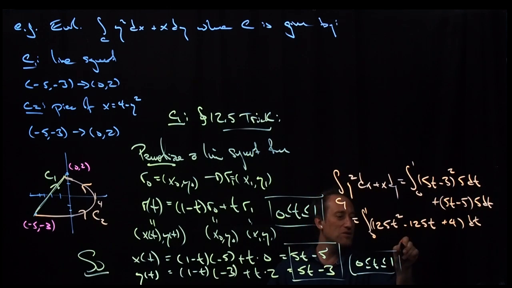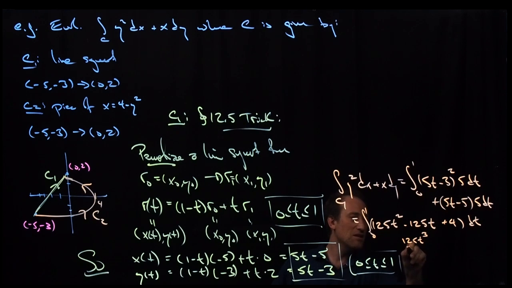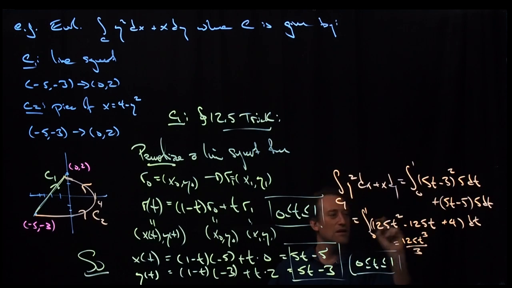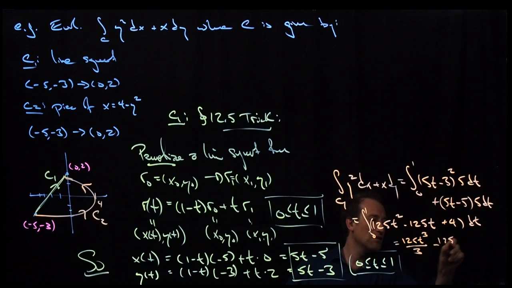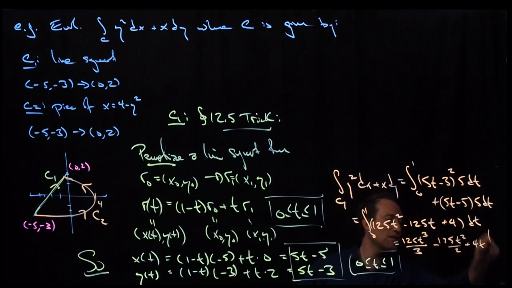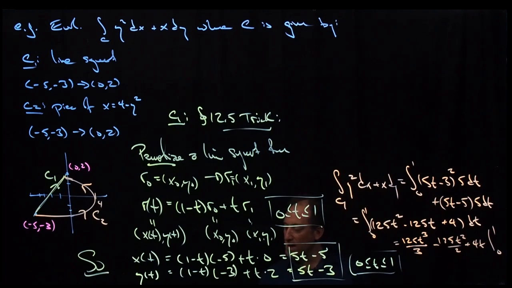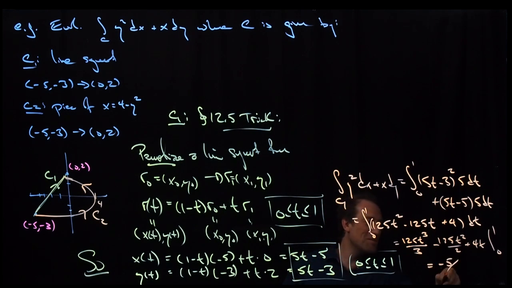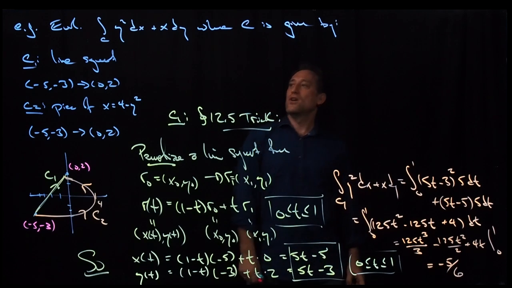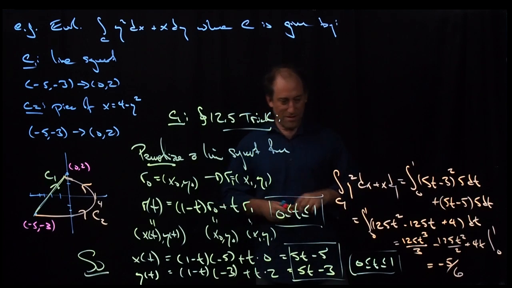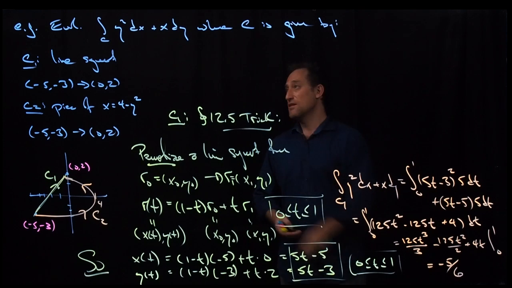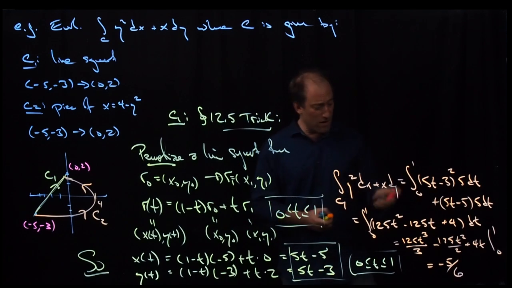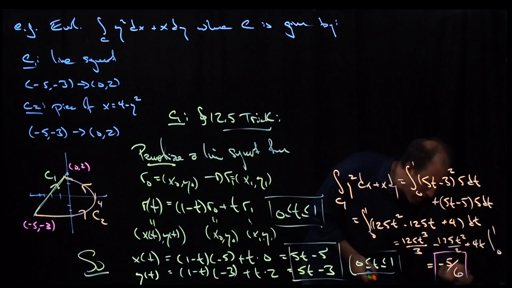This will get me 125t cubed over 3, and then minus 125t squared over 2 plus 4t on the bounds 0 to 1, and it turns out, if you look at it really hard, minus 5/6. All right, so that's the integral of this thing, y squared dx plus x dy along C1.